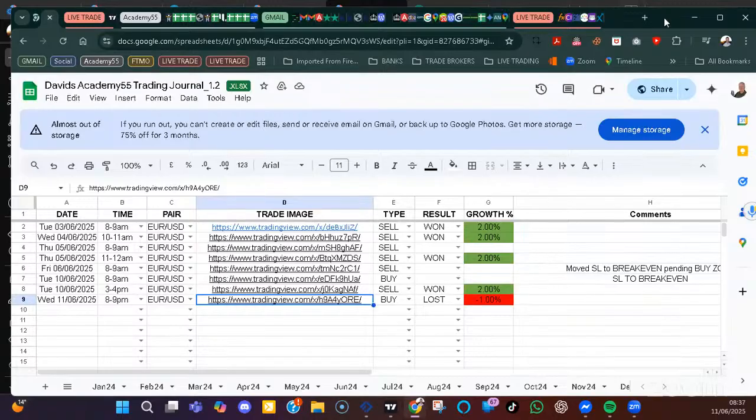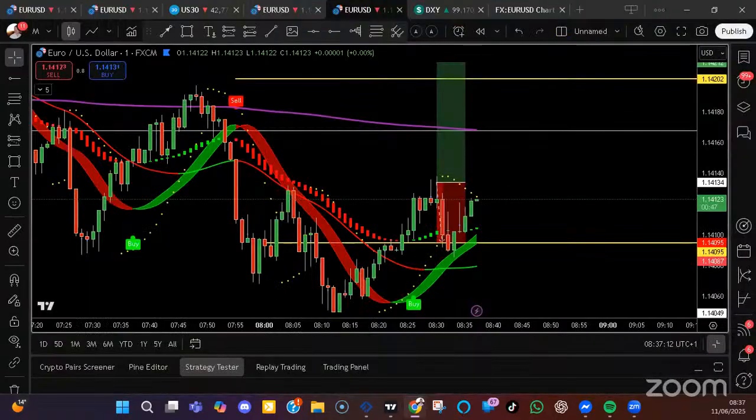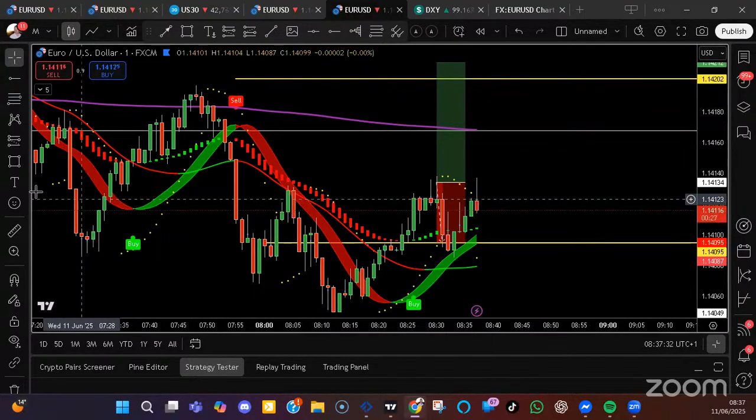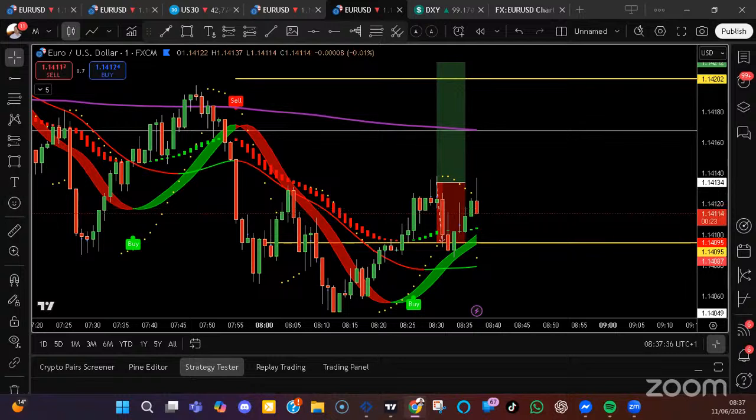So we'll take that out. And all the Academy 55 members are encouraged to keep their own journal, and they can get my journal there and delete all the information on it, or make a copy and delete all the information on their copy and make it their own and do their own journal and then see their own progress.